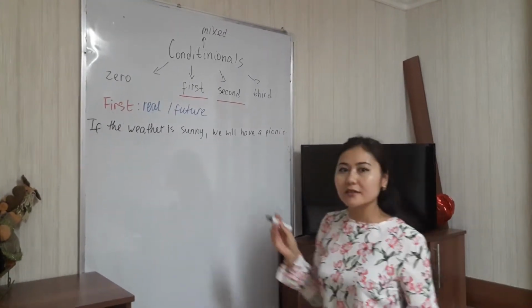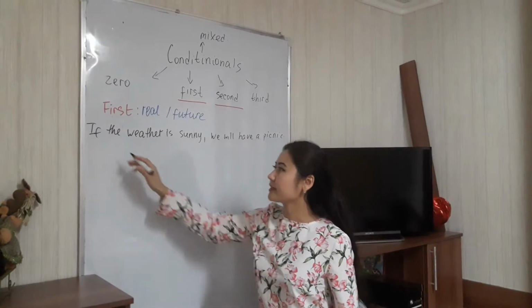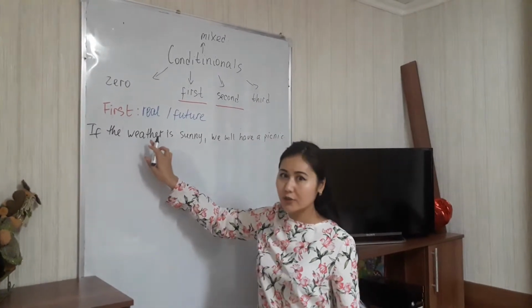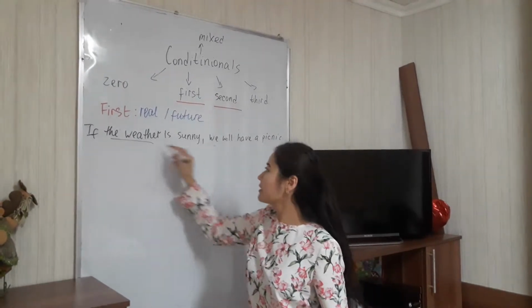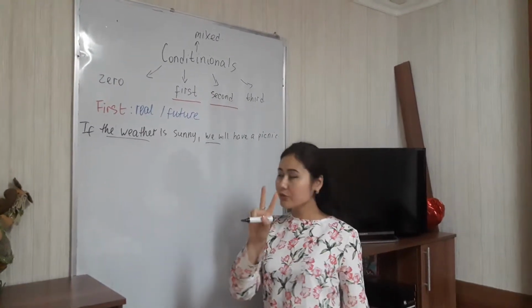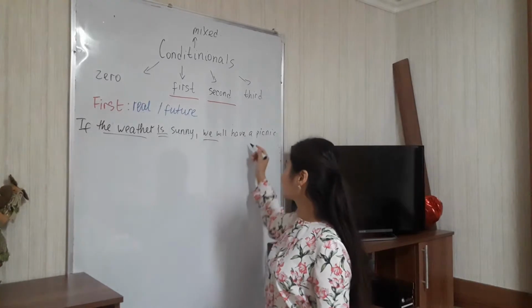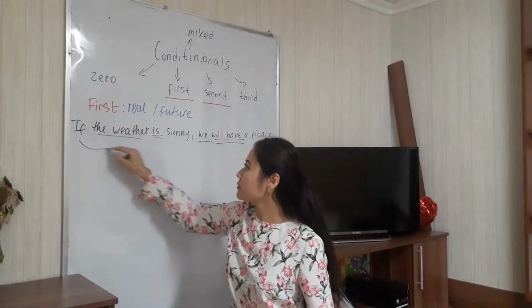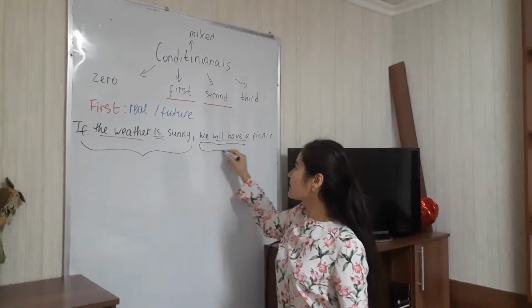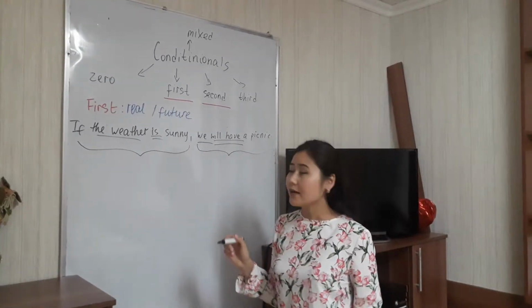So this is a complex sentence because it has 2 subjects, the weather and we. These are subjects, and we have 2 verbs, is and will have. That's why we can divide this sentence into 2 parts.